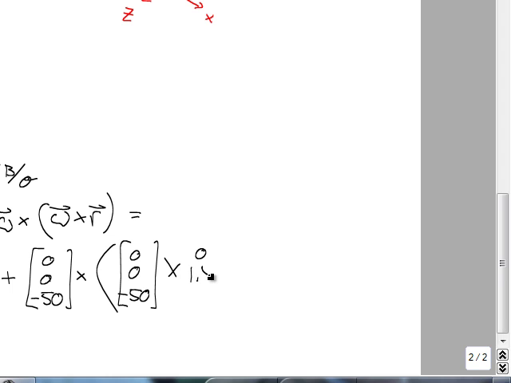So the acceleration of the origin, I got negative 15, negative 3750, 0. Anyone get that same thing?